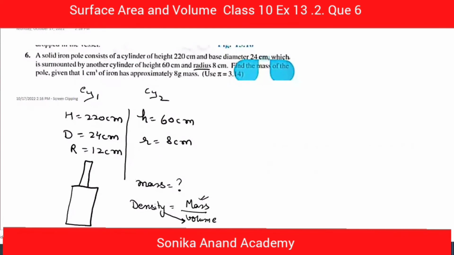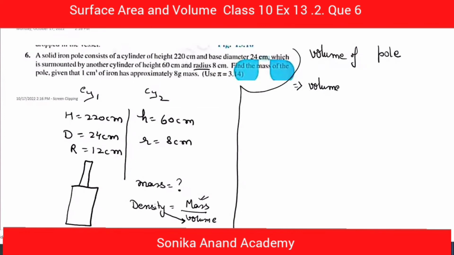So now I'm going to solve this question. Firstly, we find the volume of the pole, that is the volume of first cylinder plus volume of second cylinder.